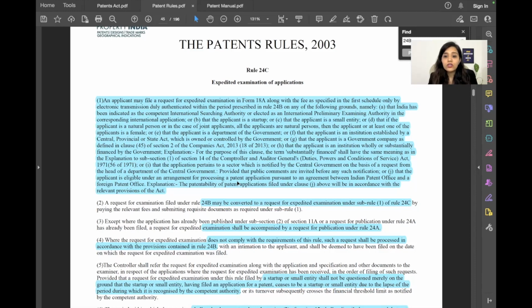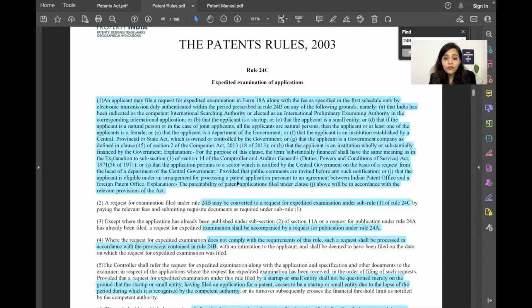Then we have clause D, which says if there are several applicants, then at least one applicant is a female applicant. So if it is a single applicant, then if it is a female applicant, they can claim benefit of expedited examination. Or in case of joint applicants, at least one of the applicants should be a female, then only they can expedite the examination process.